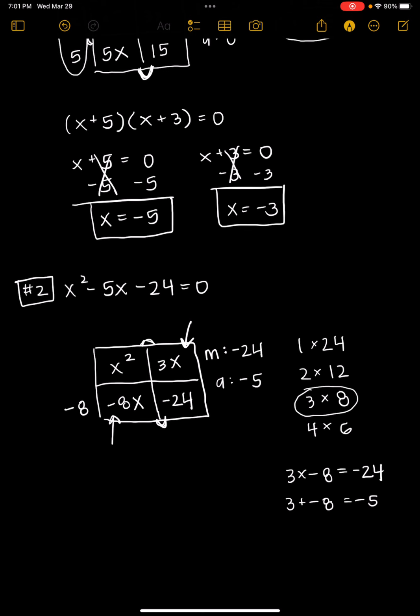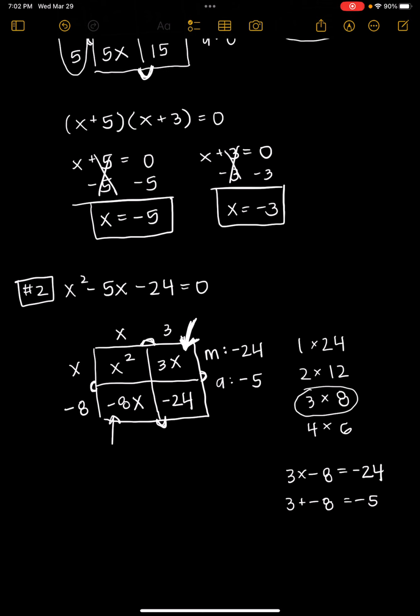Okay, what do the top two boxes have in common? They have an x in common. What do the left two boxes have in common? Once again, they have an x in common. And then what do the right two boxes have in common? These guys, we could divide both of them by 3. Notice that I put a positive 3 out there, not a negative 3, because this 3 right here is still positive, so I don't have to pull the negative out.